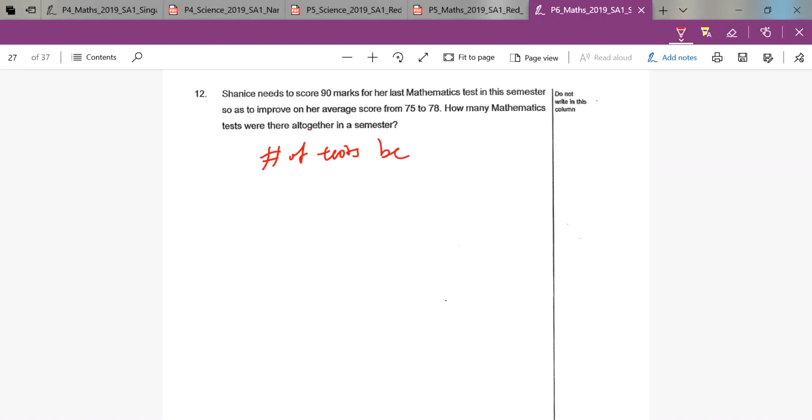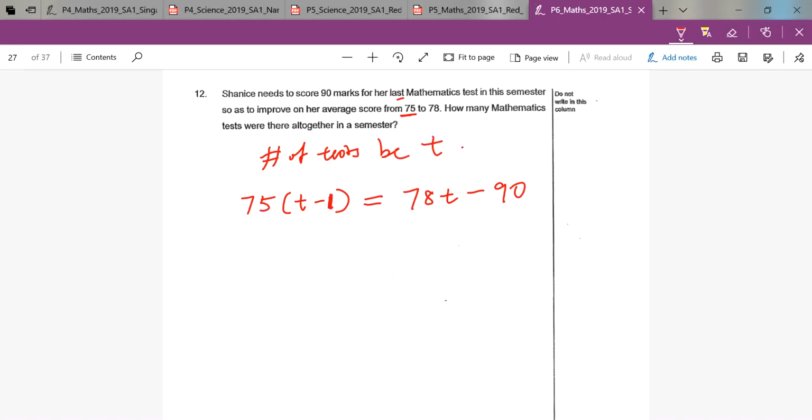be T, which means the average score was previously 75, right? 75 times T minus 1 because you haven't taken that very last test yet, okay? This is the total score, and it would be 78T minus 90, okay? 78T is basically the total score, okay, of all the tests, okay?